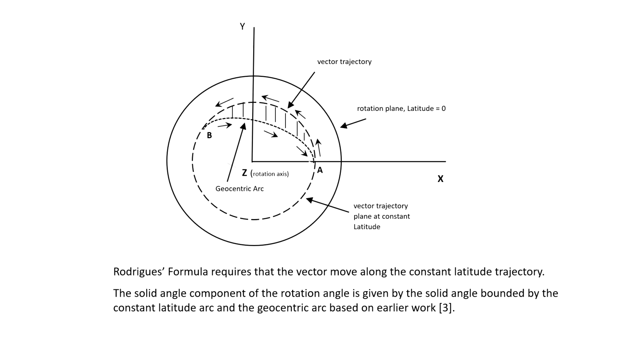That solid angle is equal to a rotation component about the vector axis. So when the vector goes from A to B, when it gets to B, it will have rotated by angle psi equal to that solid angle plus an angular rate component that gets added to it.